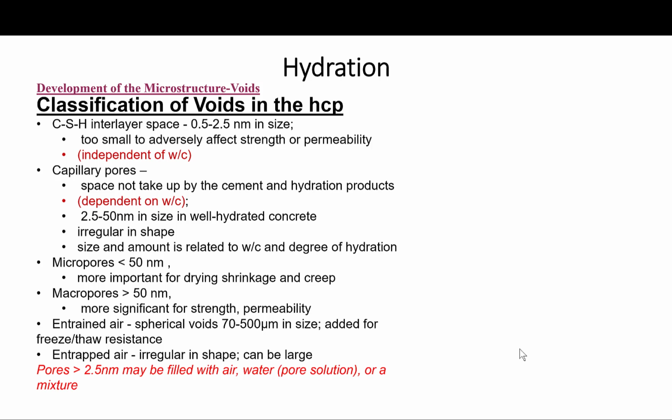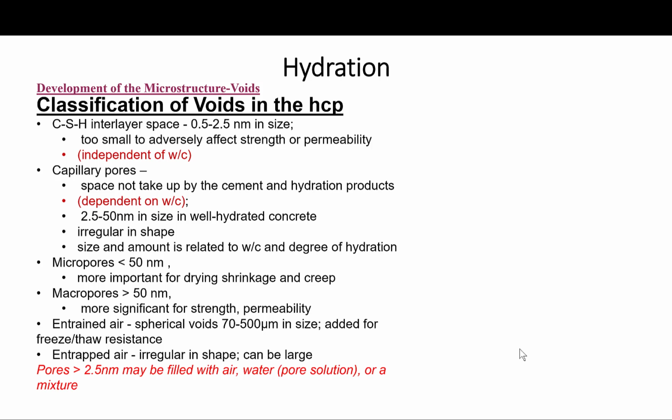So let's look at really a summary of the classification of the pores. First we have the calcium silicate hydrate interlayer space, as I said, between 0.5 to 2.5 nanometers in size. These are too small to adversely affect strength or permeability. These are independent of water cement ratio.